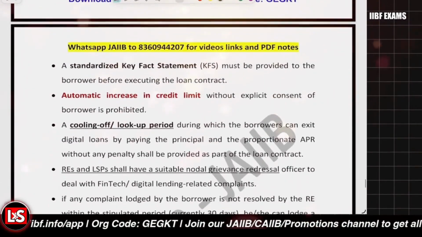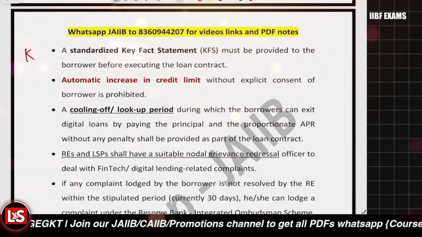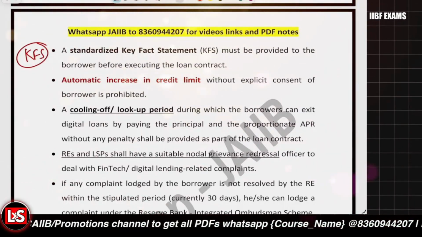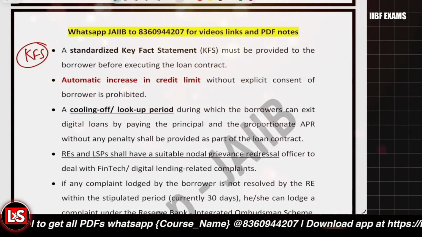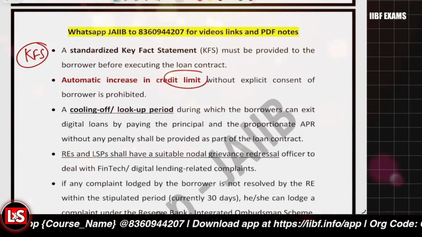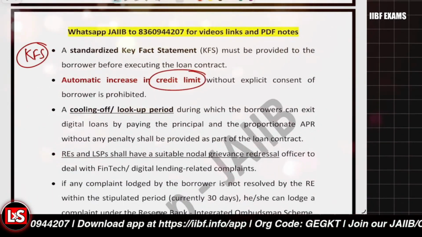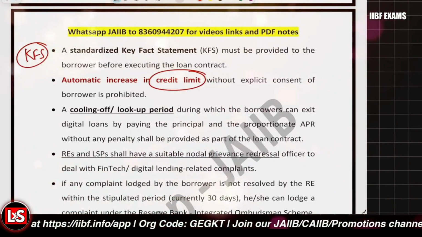Further, the third one is about the KFS. What is KFS? KFS is a key fact statement, and it is mandatory before the loan agreement. Then it is about the credit limit. Even if the credit limit is to be enhanced, it cannot be enhanced without consent.